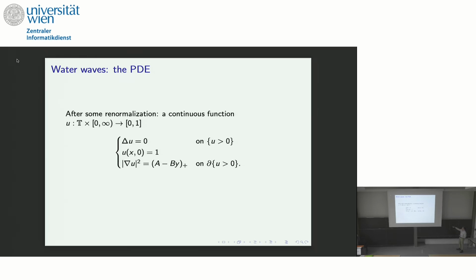Then here I have an additional boundary condition, gradient u squared is not constant. It's a minus by, again, due to the gravitational potential. So it's a minus by. A and b are constants which have to do with the physical parameters there, like the pressure and the gravitational constant.